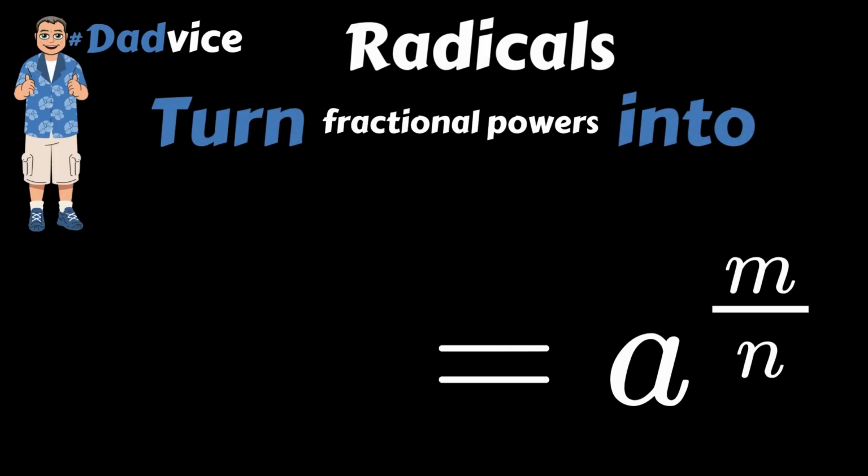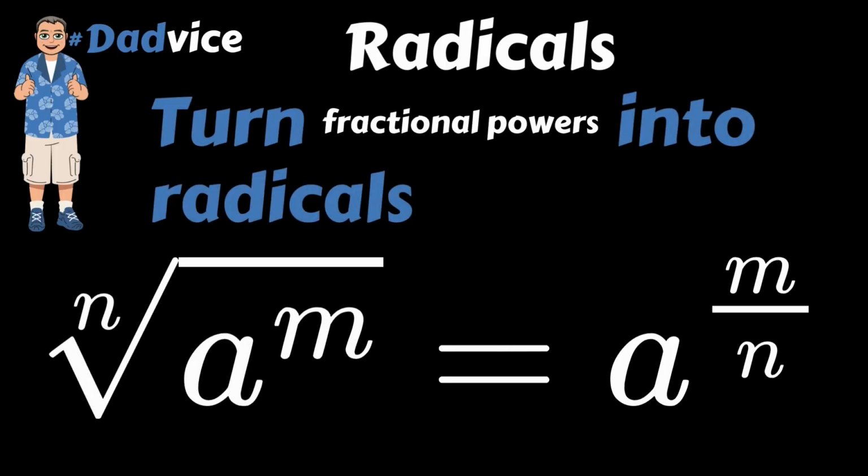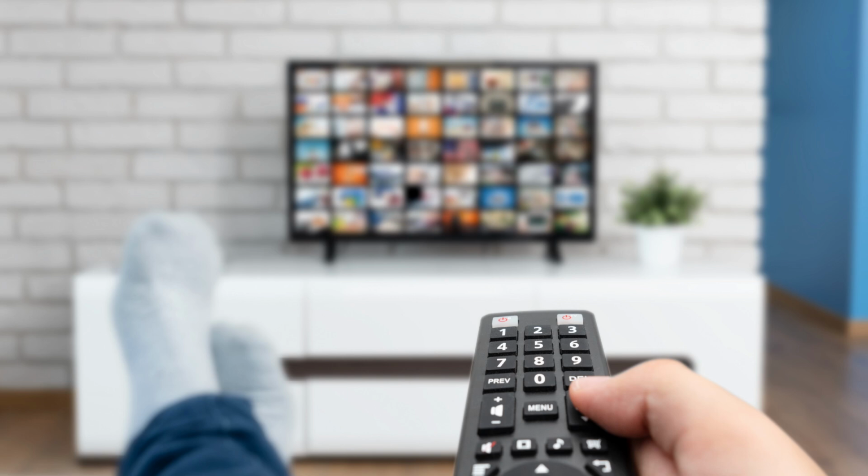And whenever I see fractional powers, I'm going to change those into radicals. So get ready to make the conversion either way, from radicals or to exponents. But I promise you, if you see one, you're going to have to change it into the other. All right. After that little review, let's get back to our regularly scheduled program.